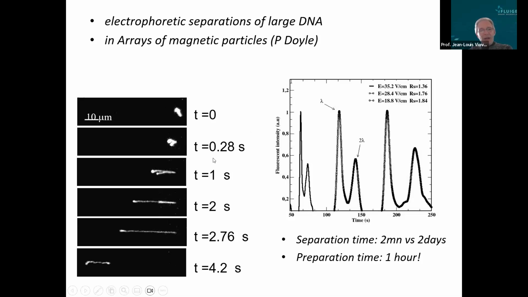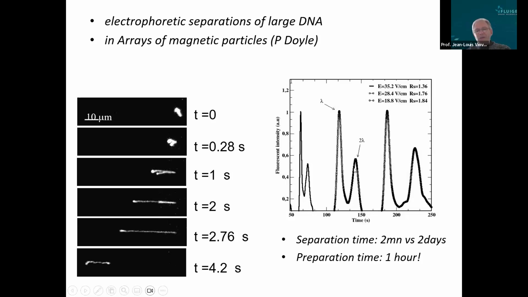But this slipping around depends on the size of the DNA, and this way DNA can be separated by size. And now if you see on the right an electrophoregram, you see that for different voltage, in this case, it was a system in which we had two different types of DNA molecule, and you see that two peaks appear.